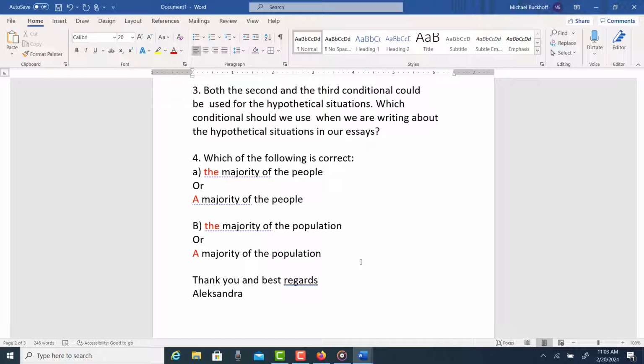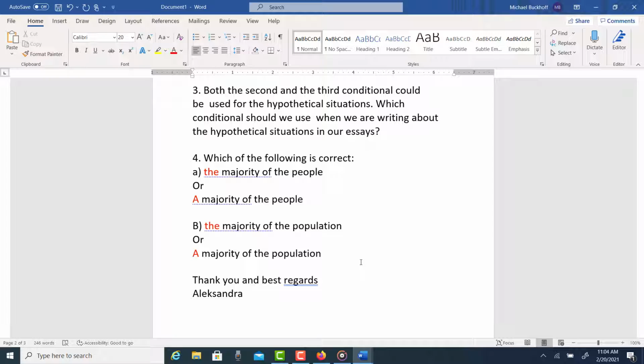So A is used to introduce new information. The is typically used to introduce information which is already identified or established. So that would be the way I would explain that. If you say B, the majority of the population or a majority of the population, again, either way is okay.